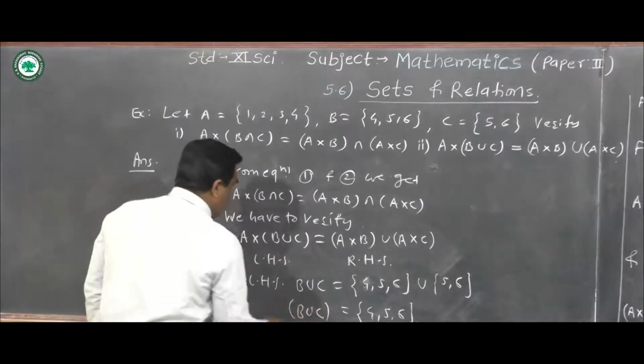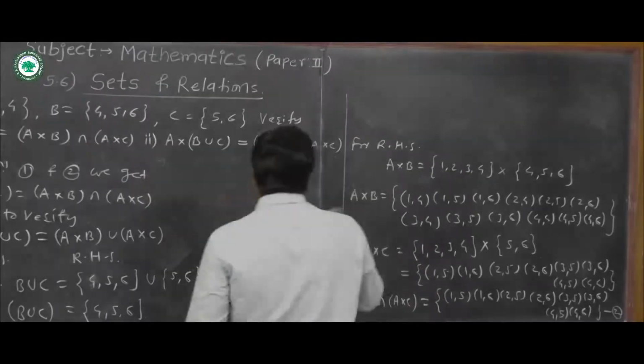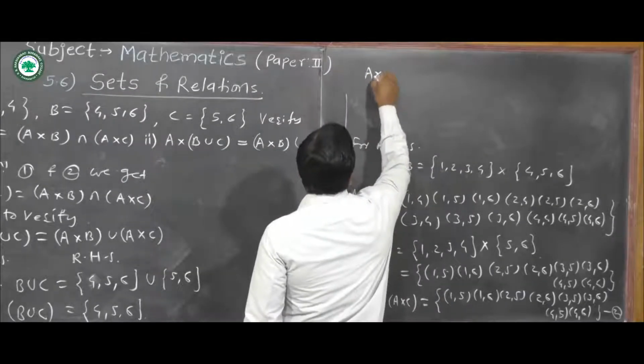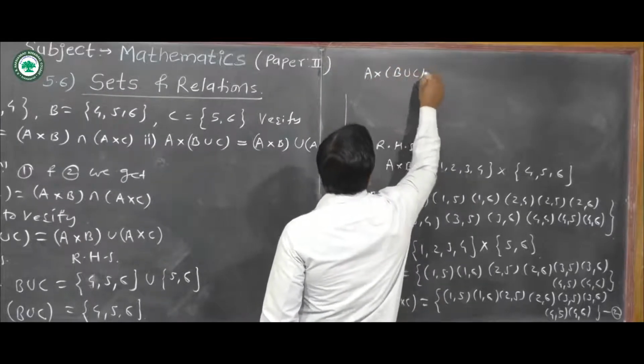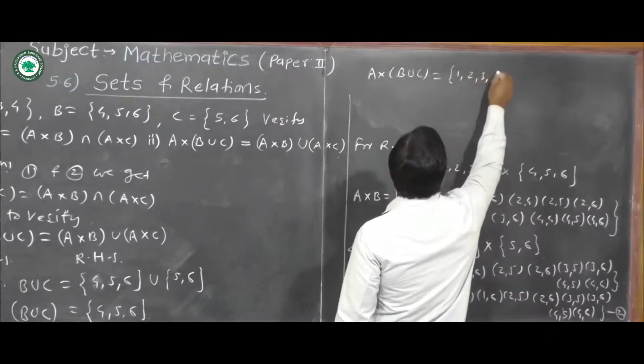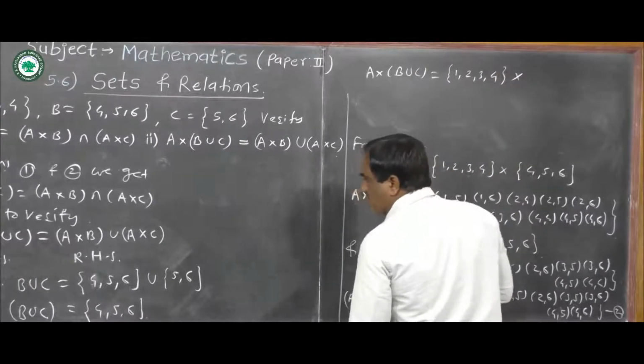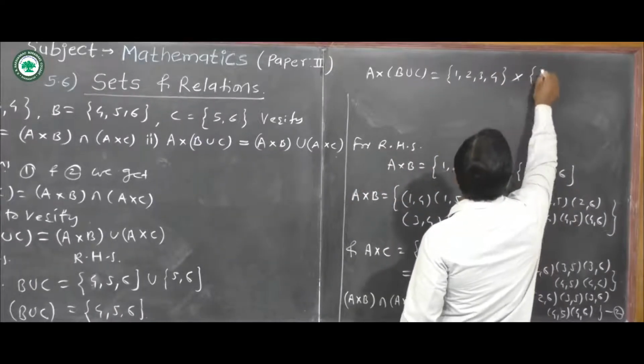Okay, now we have to write A cross (B union C). A cross (B union C) is equal to, set A contains elements 1, 2, 3, 4, cross set B union C contains 4, 5, 6.